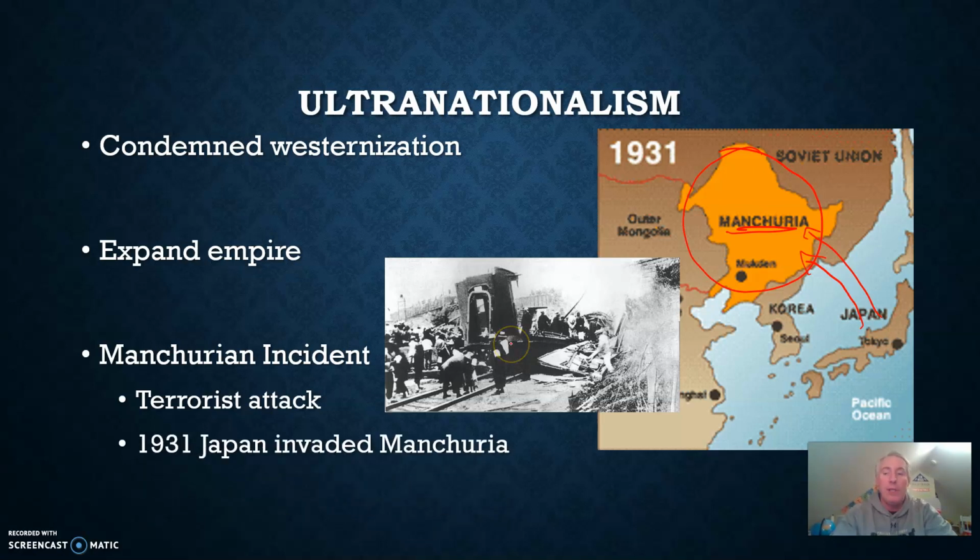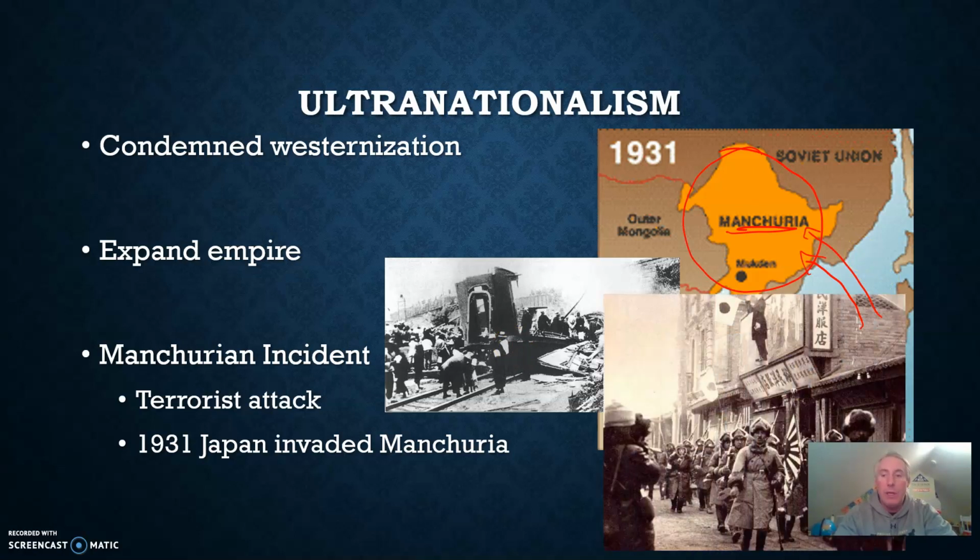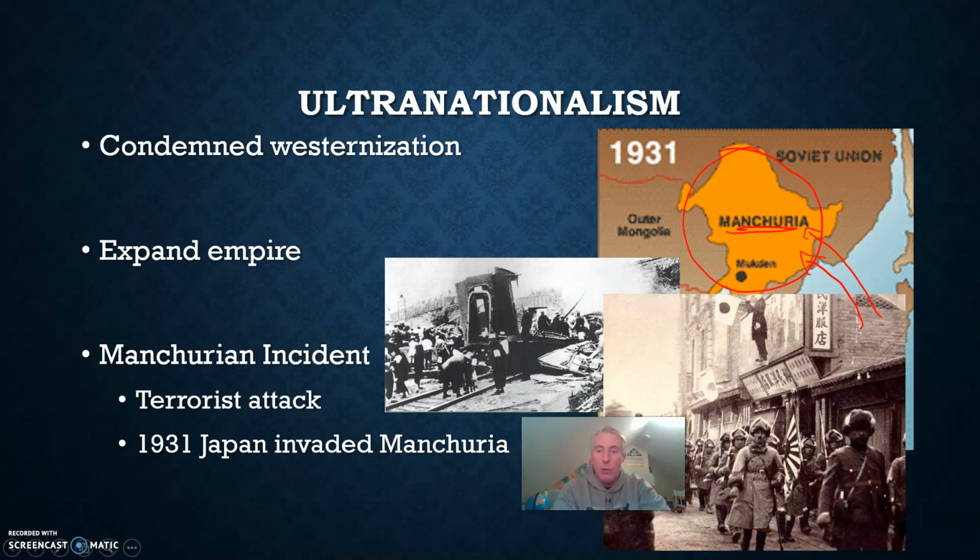They used this terrorist attack as an excuse to send the troops in, and the military quickly overran Manchuria, as you can see here, by the Japanese troops with the flag of the rising sun marching through the streets of Manchuria. They eventually turned Manchuria into a puppet state, kind of the first real expansion of the Japanese empire into the Asian continent. Now, some members of the Japanese government actually condemned the attack, but the Japanese people sided with the military. They supported it.